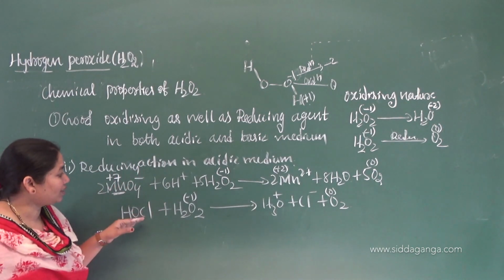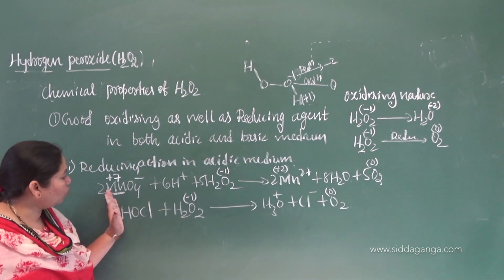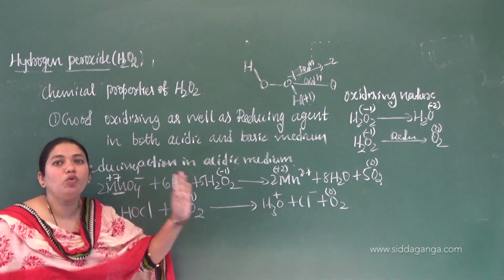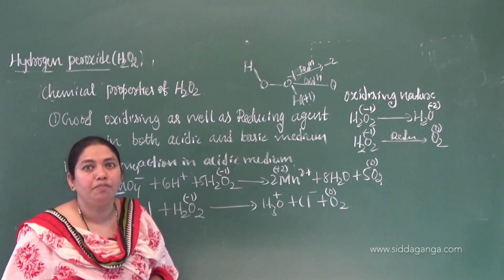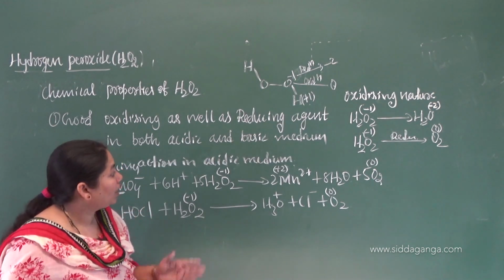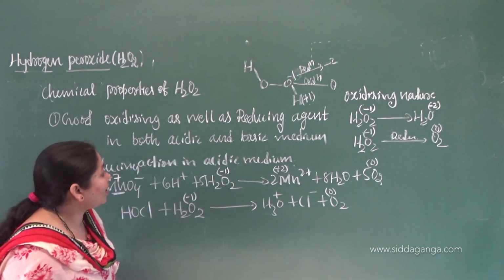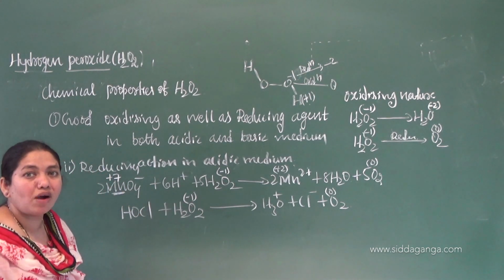So in both cases, it is reducing others and oxidizing itself to oxygen. That's what we can say. It acts as a very good oxidizing as well as reducing agent in acidic medium. This is the story in the case of acidic medium.